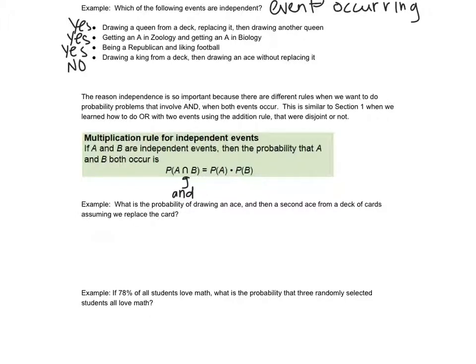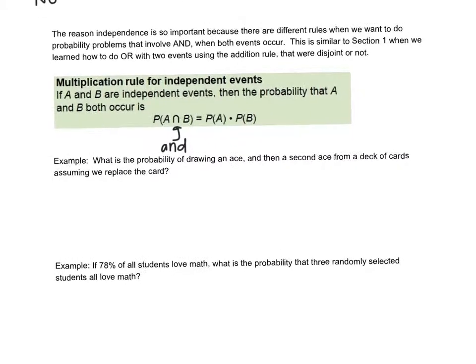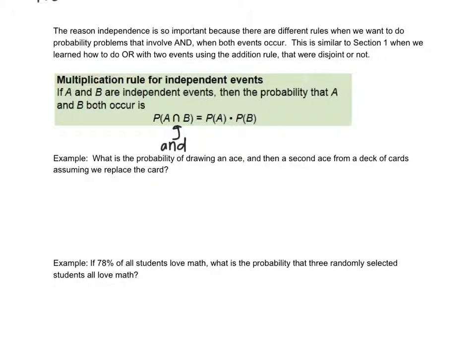So we take a look at our first example. We want to know what's the probability of drawing an ace and then a second ace from a deck of cards, assuming we replace the card. So the probability of A and B, we first want to find the probability of A, drawing an ace. Well, there are 4 aces in our 52 card deck. Multiplied, when we replace that card we drew, there are still 4 aces and there are still 52 cards.